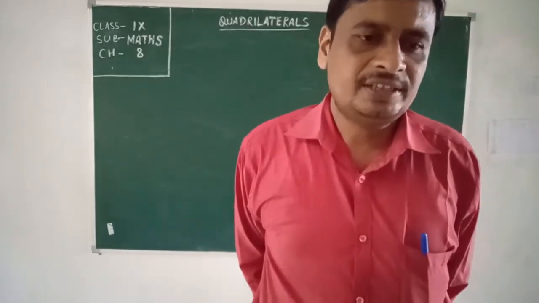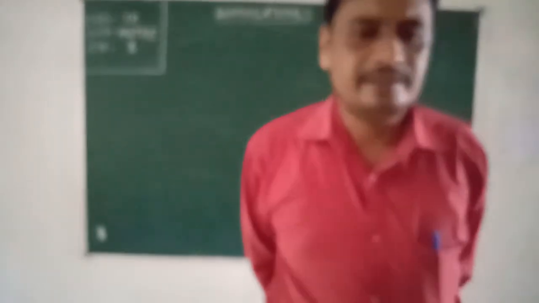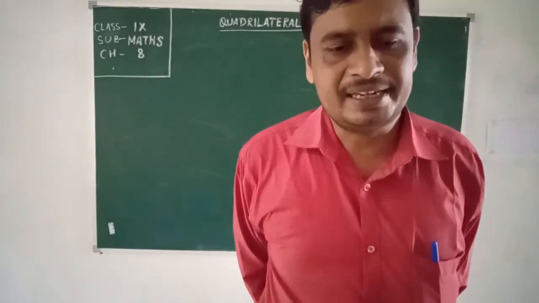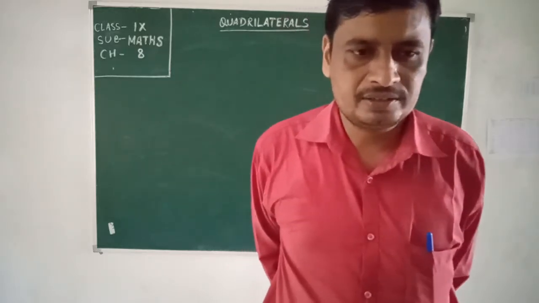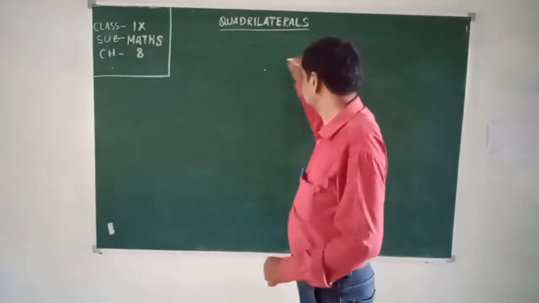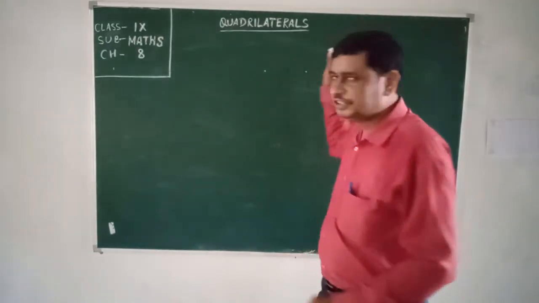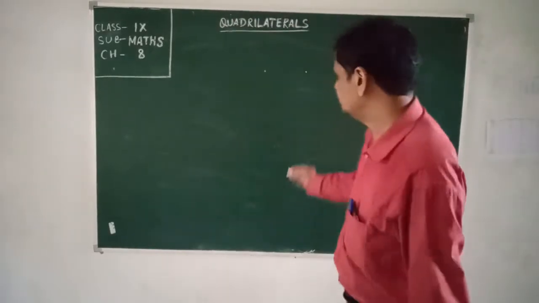And you know that on joining three non-collinear points in pairs, the figure so obtained is a triangle. If we mark three points which are collinear, then we will get a straight line.